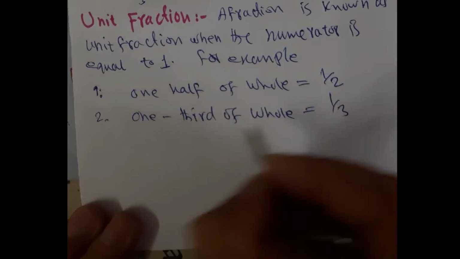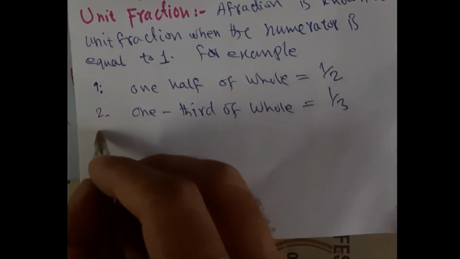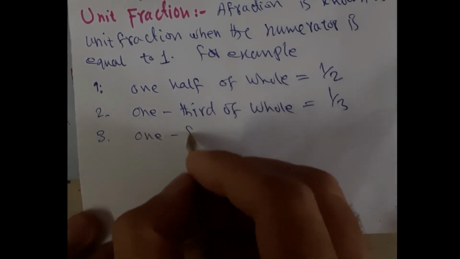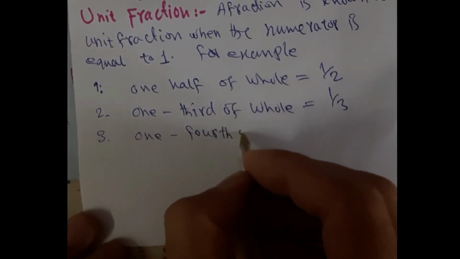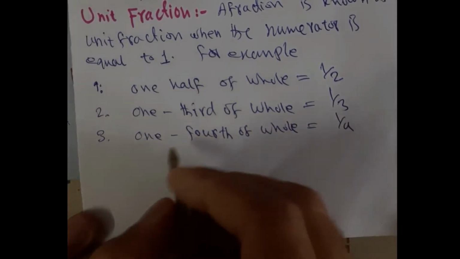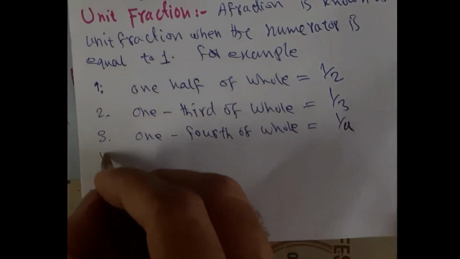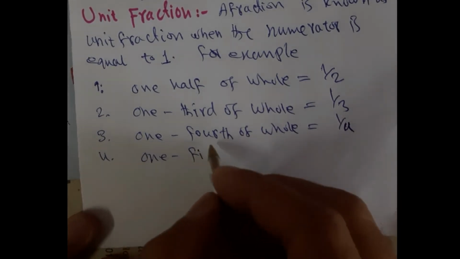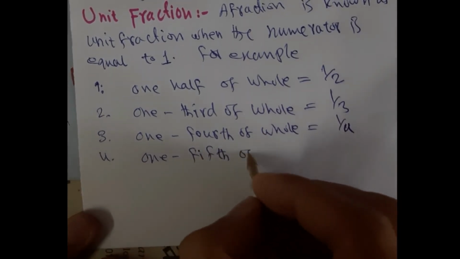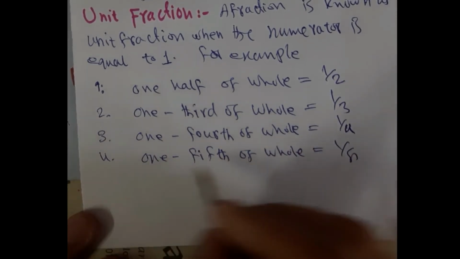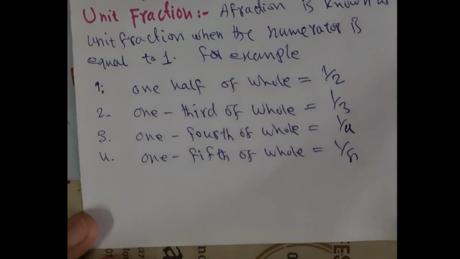It is equal to 1 by 3. Number 3. 1/4 of whole. It is equal to 1 by 4. Number 4. 1/5 of whole is equal to 1 by 5. They are unit fractions. Thank you.